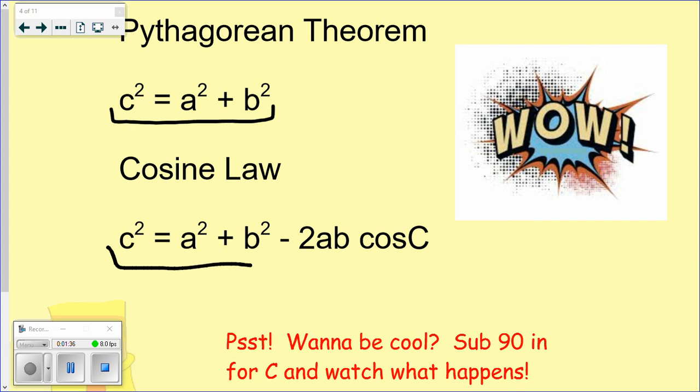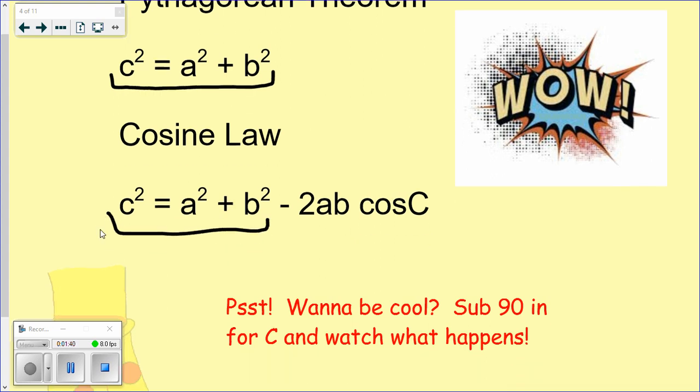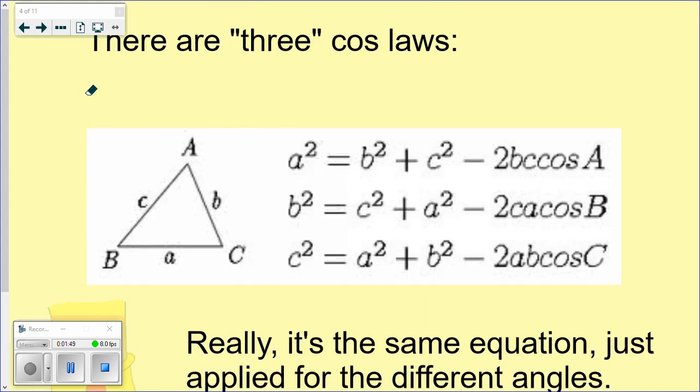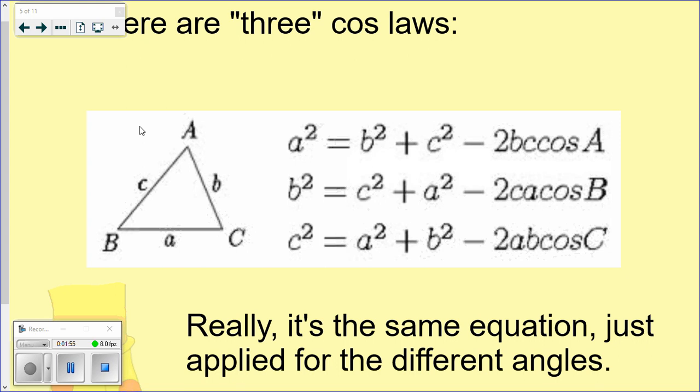I want you to notice it reappears in the cosine law. Now we have a little bit of extra gobbledygook here to deal with the fact that it's not a 90-degree angle. I call it 3 cosine laws, but really it's just the same cosine law over and over again.